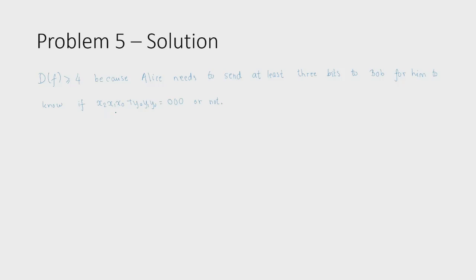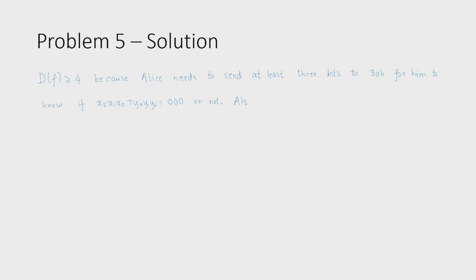Because if Alice doesn't send any of these 3 bits, or if Alice does anything else, then Bob can't be sure that these 3 bits and these 3 bits add up to 0, right? So this tells us that at least 3 bits are required.